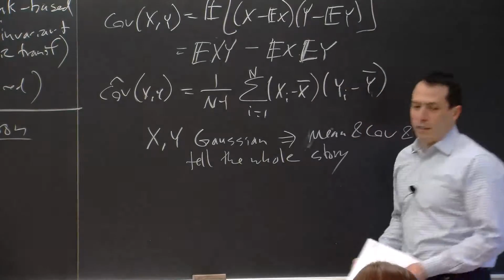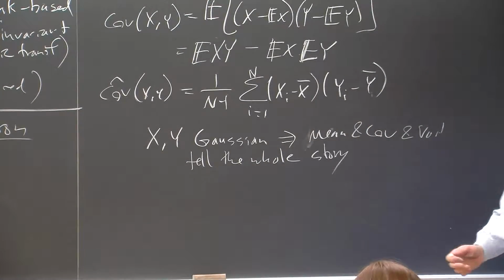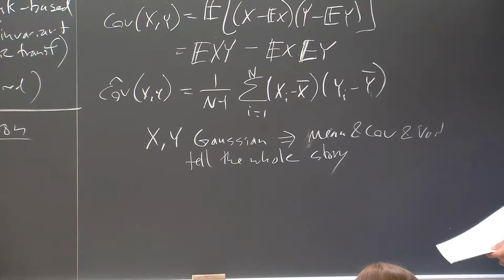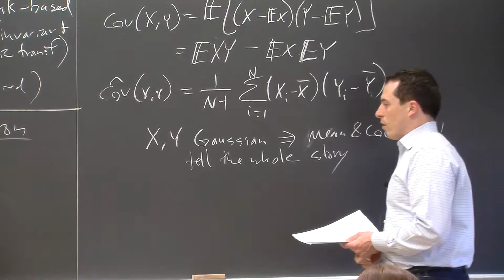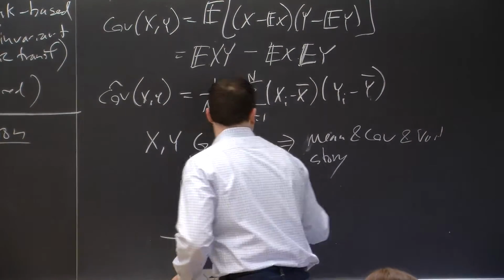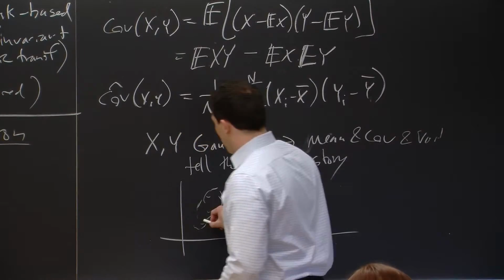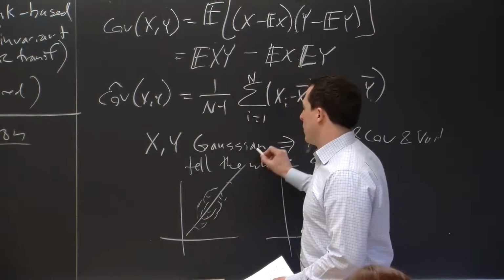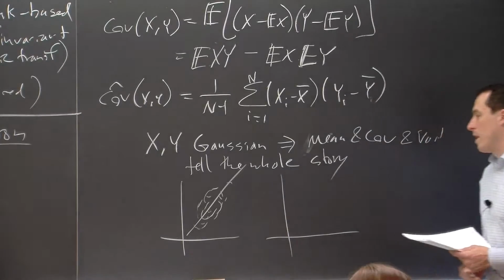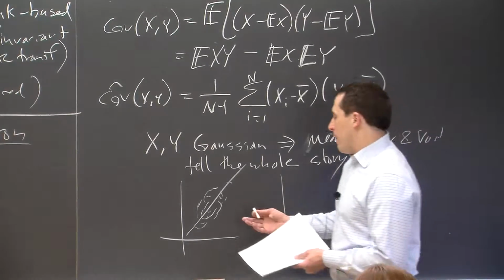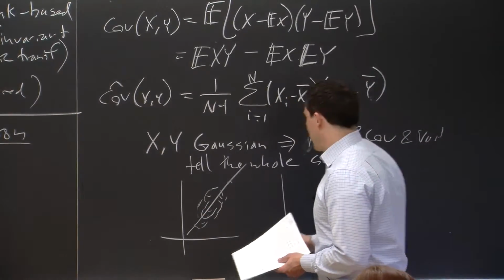But for non-Gaussian variables, it's just one descriptor, which may or may not be the whole story. So if you have a bunch of points which are elliptically distributed, the correlation is the slope of that line, and it's a pretty good description of the relationship between the variables.